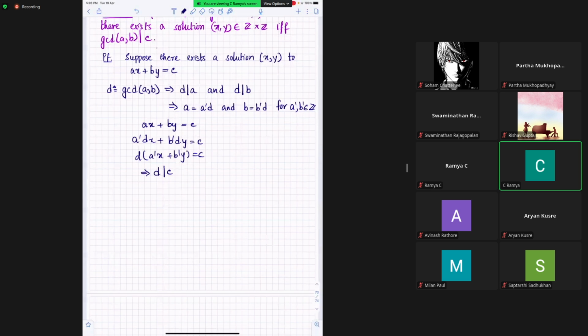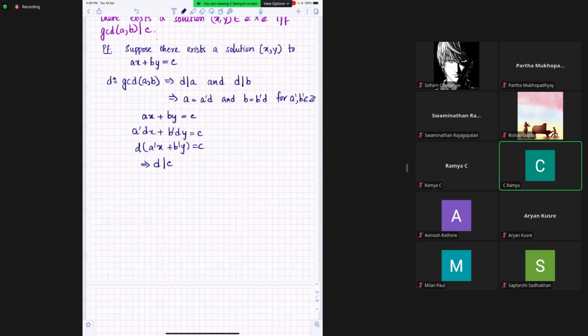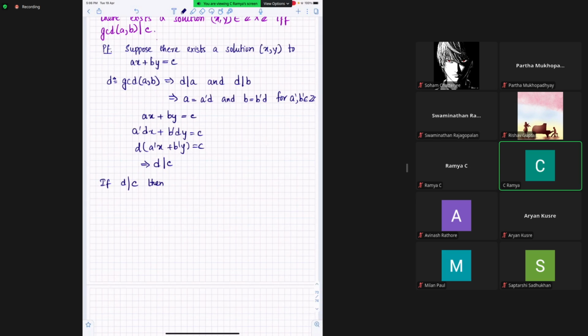Now the other way around, we want to say that if d, the GCD, divides c, then we must demonstrate a solution x, y. So when we say d divides c, you should immediately say that you can express c as some integer k times d.